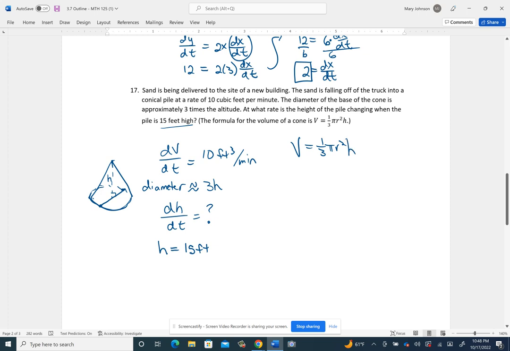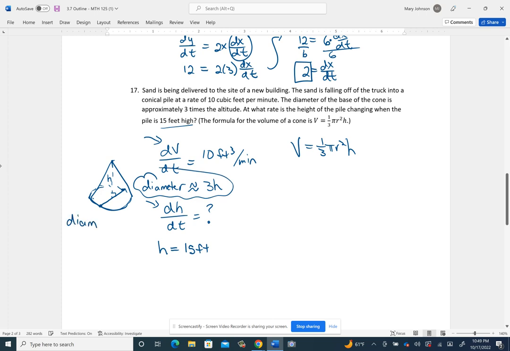Okay. All right, so the thing is, there's too many variables in there. See, I've got one rate that involves volume and one rate that involves the height. I don't have any rate involving the radius, so I need to try to rewrite this formula so it only has V's and h's. And I'm going to be using this information to do that. Okay, so let's think about that.